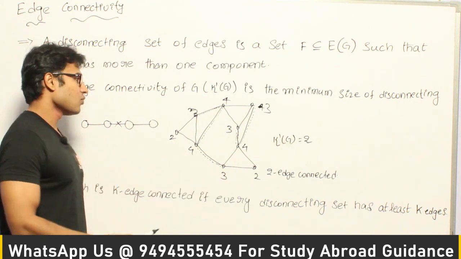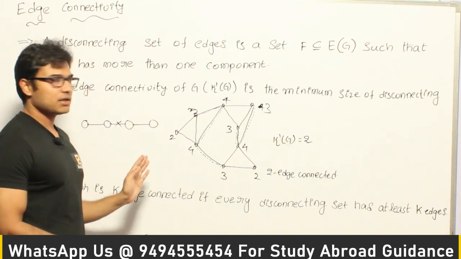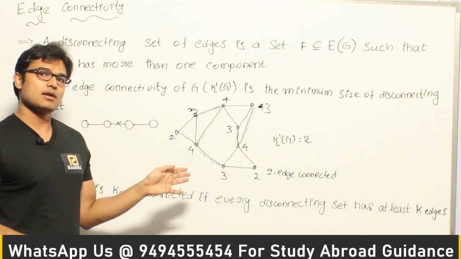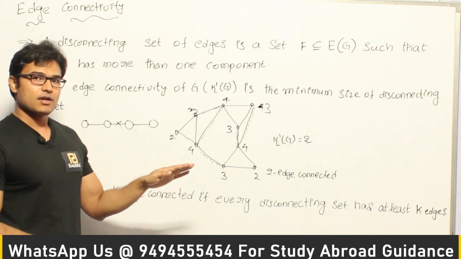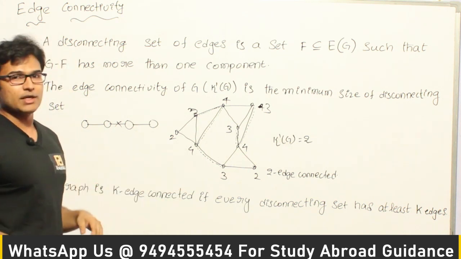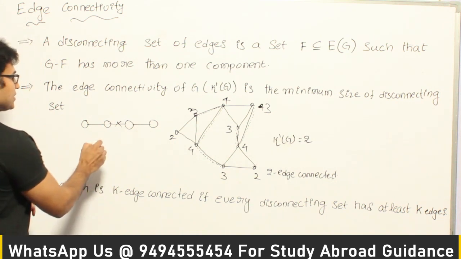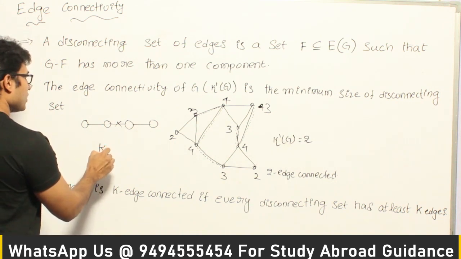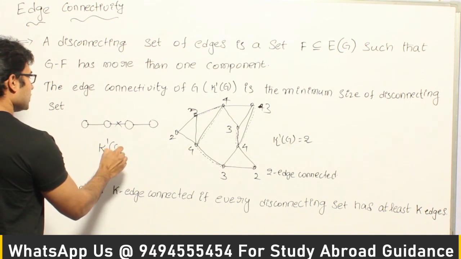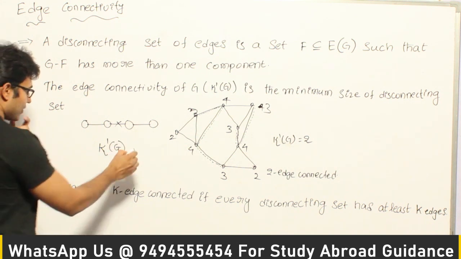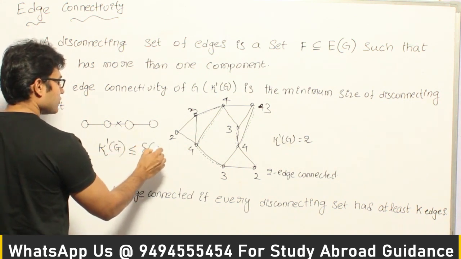Got it? Therefore your edge connectivity can never be greater than the least degree of the graph, which means I can say this: edge connectivity of a graph kappa dash of G should always be less than or equal to small delta of G, right?